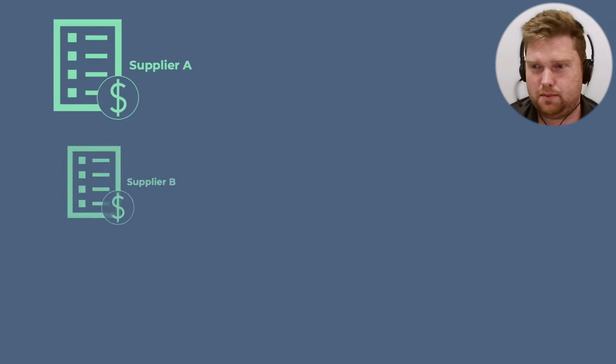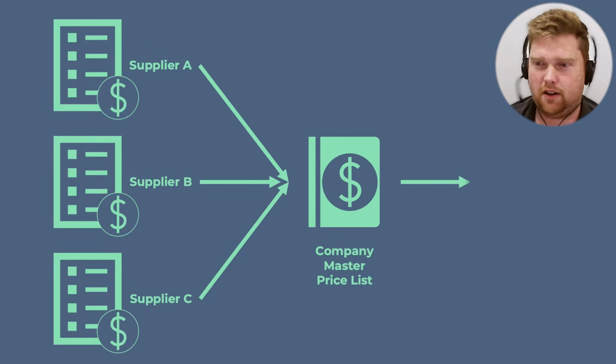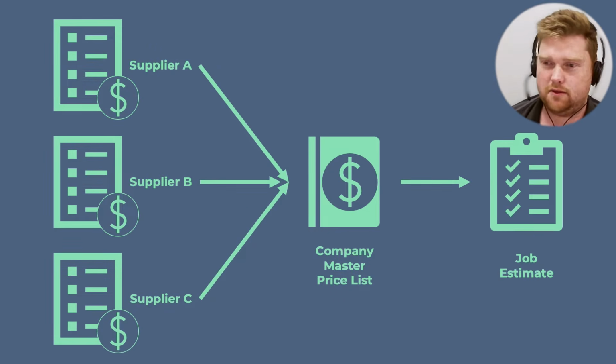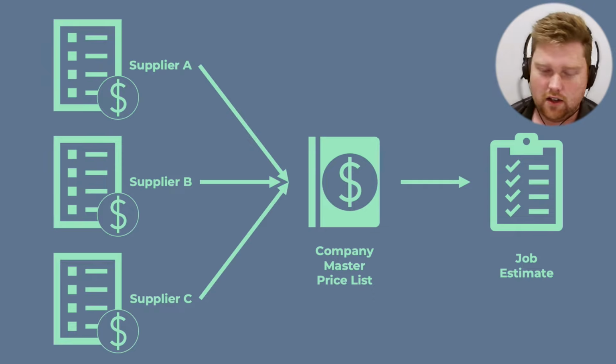So what was working really well was this idea of a builder having their own in-house price list, because one of the things we learned from project builders is they don't keep a price list from a timber supplier, and then a price list from a brick supplier, and a price list from the plasterboard installer, all that kind of stuff. What they do is they take all the relevant bits of information from all the different sources, and they compile it into one company price list.